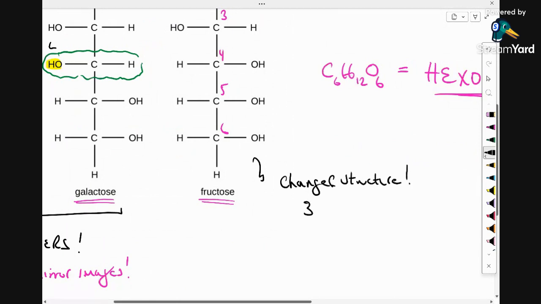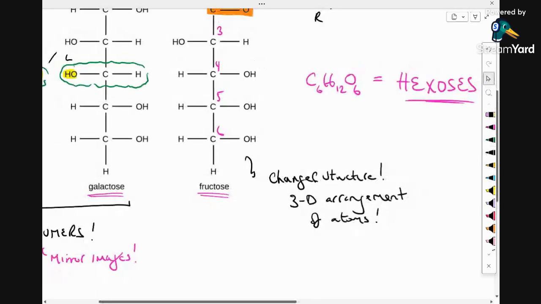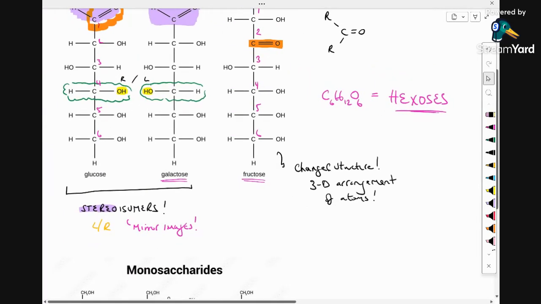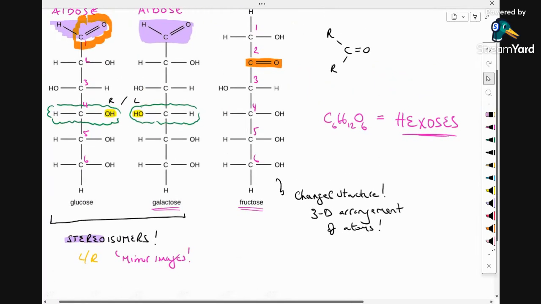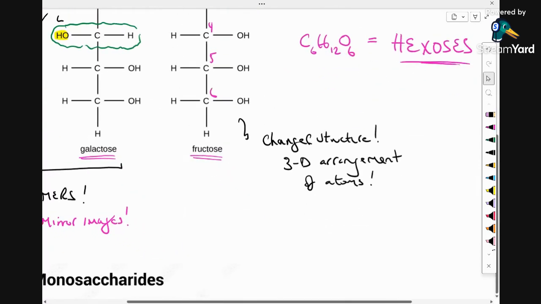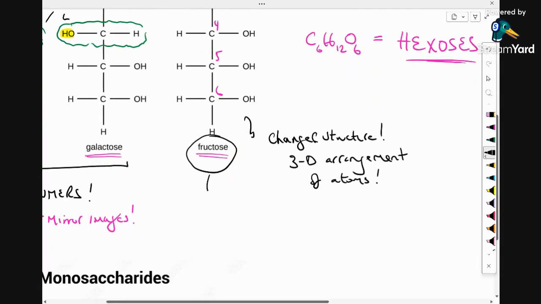We have changed the three-dimensional arrangement of atoms. So we are not a stereoisomer anymore. It's not simply a mirror image. It is a complete rearrangement of the atoms within the molecule. We therefore term fructose, compared to glucose, a structural isomer.